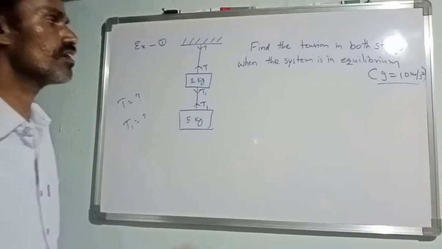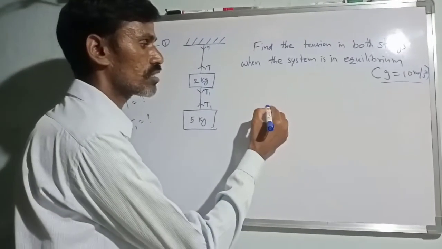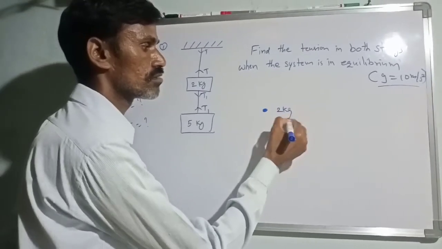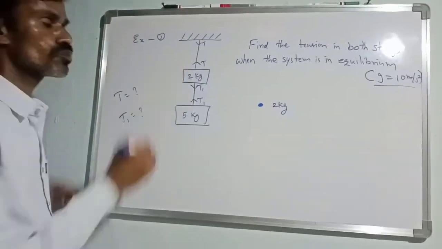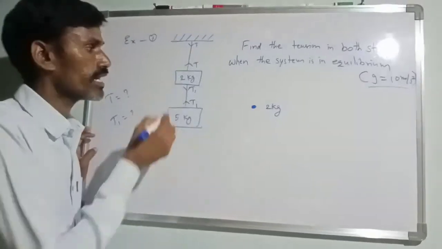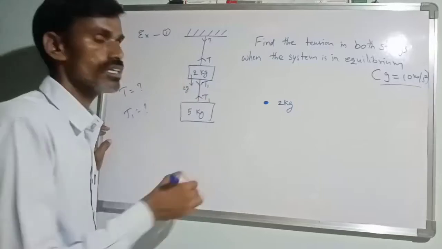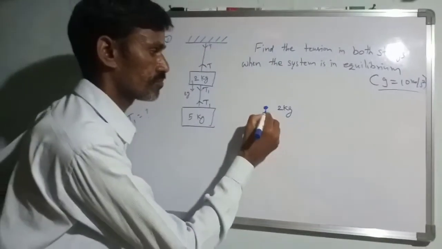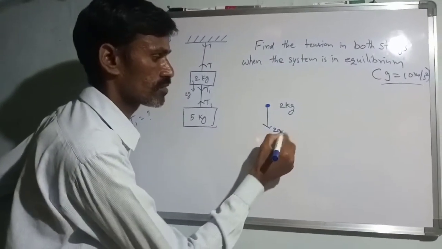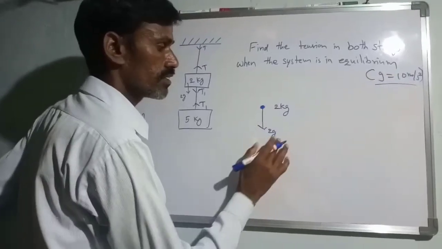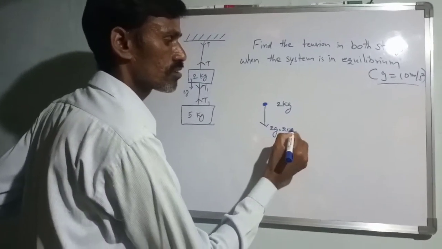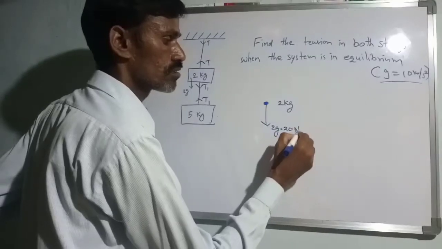Now we find the value of T and the value of T1. For that we draw a free body diagram for the 2 kg mass. On the 2 kg mass, how many forces act? One is the weight in downward direction, m g, so g is 10, that is equal to 20 newtons.